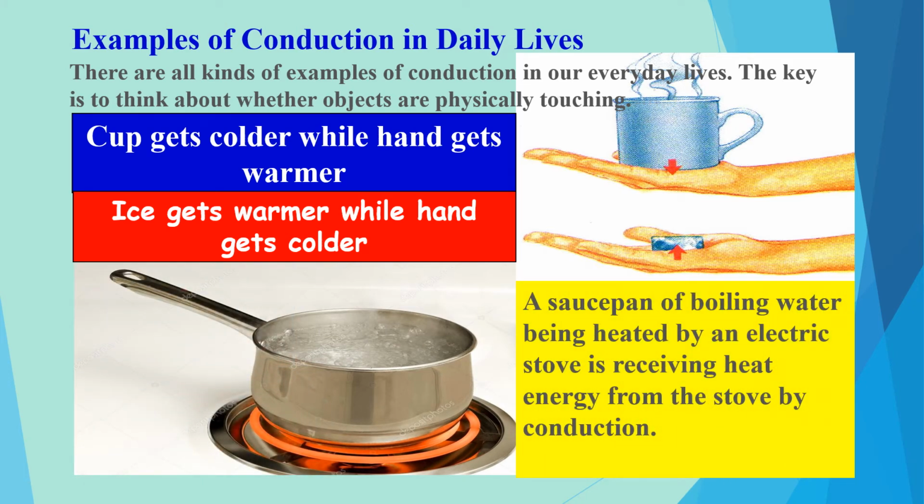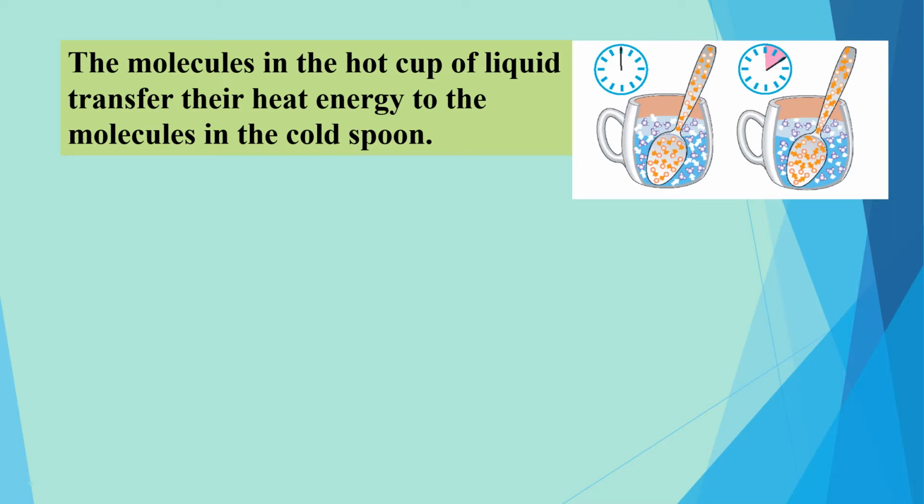In the figure at the left, a saucepan of boiling water being heated by an electric stove is receiving heat energy from the stove by conduction. The molecules in the hot cup of liquid transfer their heat energy to the molecules in the cold spoon.